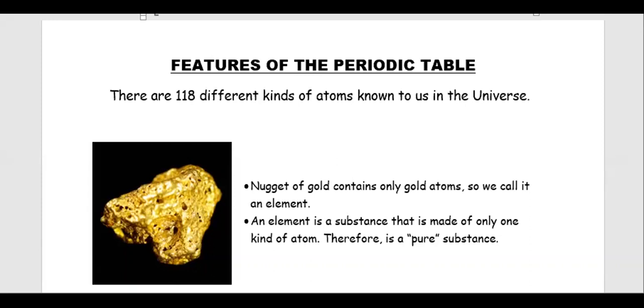But water contains hydrogen and oxygen, so we can't call that an element. Any substance made from only one type of atom is called an element, and therefore we also call an element a pure substance.